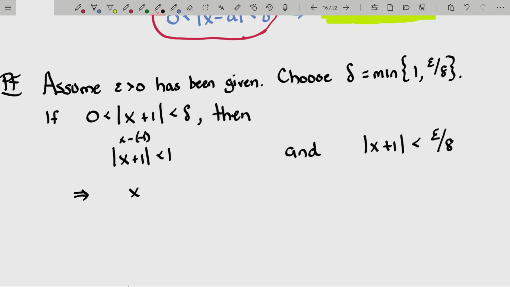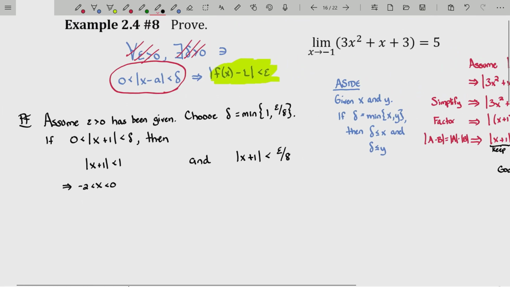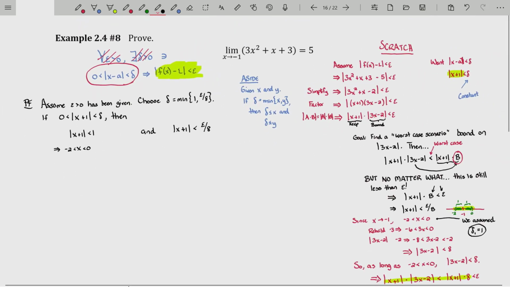This is x minus a negative 1. So we're really close to negative 1. How close? Within 1 unit. So that means that x must be between negative 2 and 0, because it's a delta neighborhood of 1 around x equals negative 1.